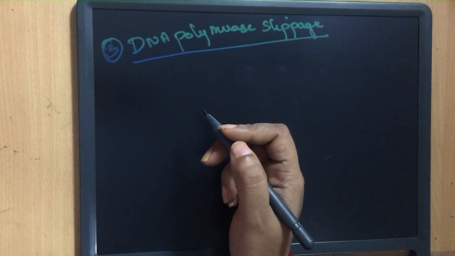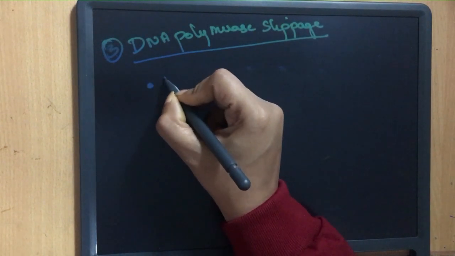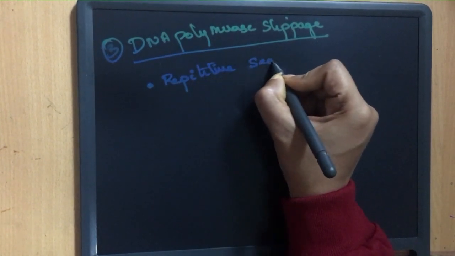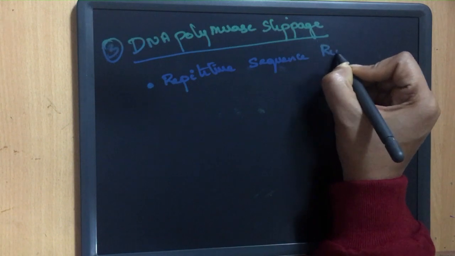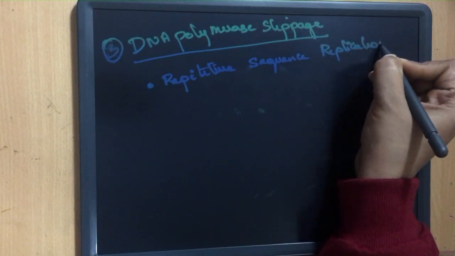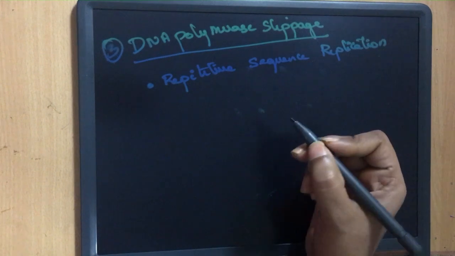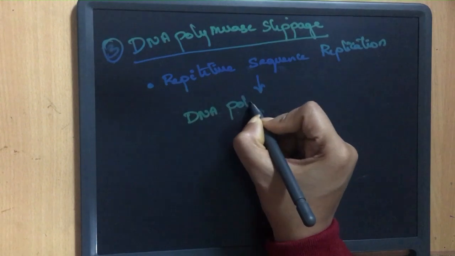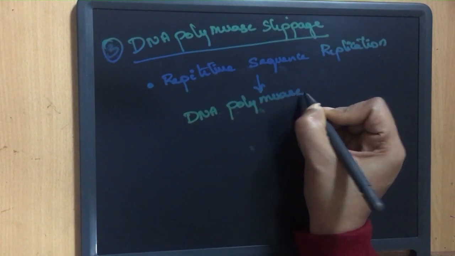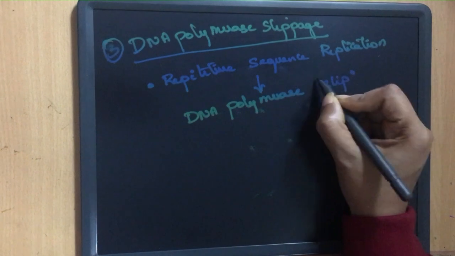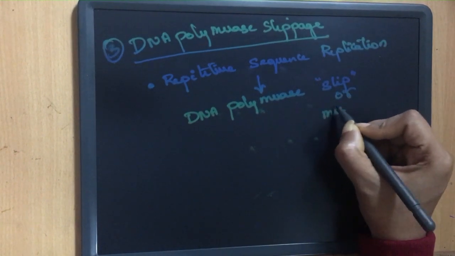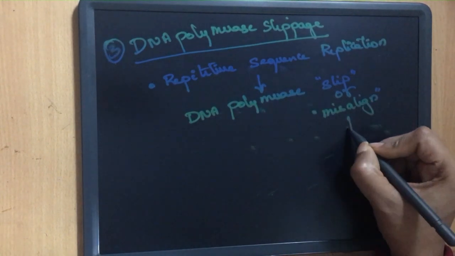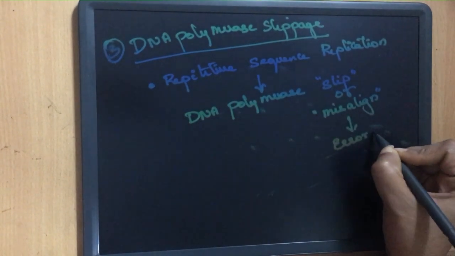When a repetitive sequence is undergoing replication, DNA polymerase can sometimes slip or misalign, leading to errors.